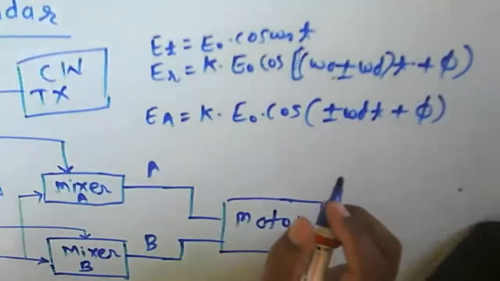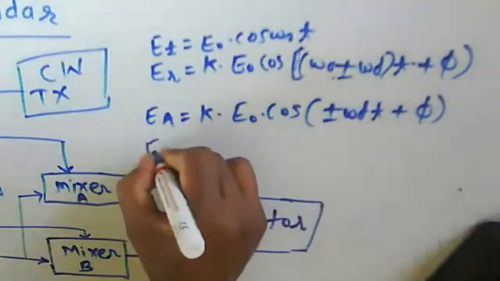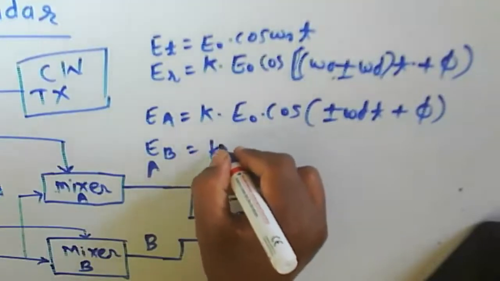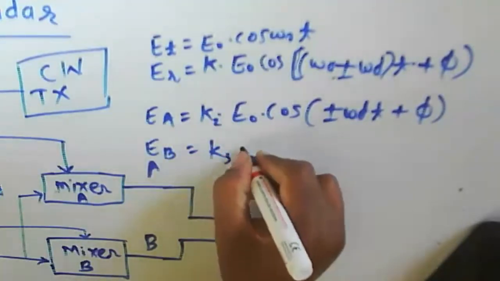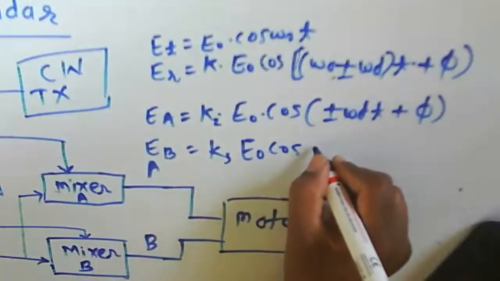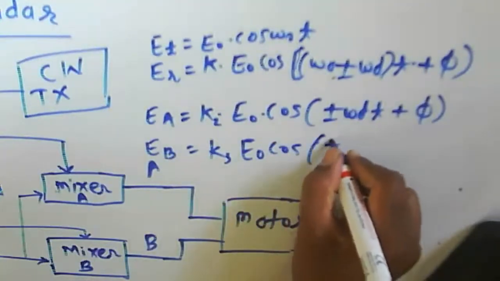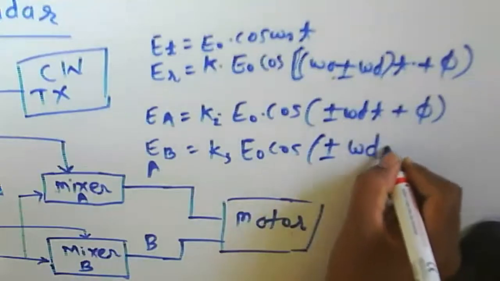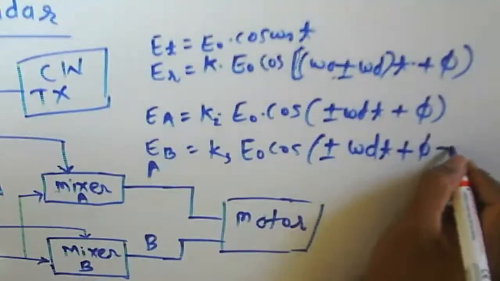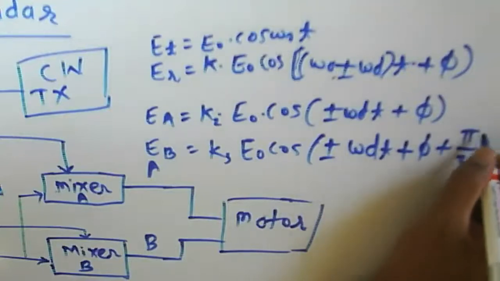That is about EA. And EB is nothing but another constant here, K. We say K2, we say K3, E0 cos of plus or minus omega d t plus phi plus pi by 2 here.